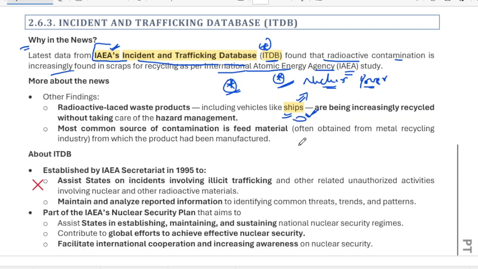You must also get to know that there is a site in Gujarat where ship dismantling is done, and it is Asia's largest site.